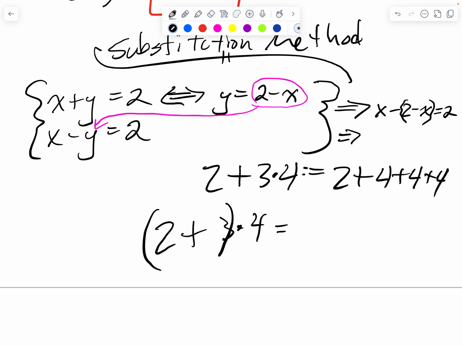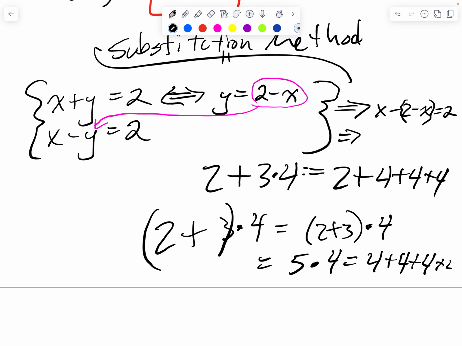Whereas this, what does times 4 mean? It means this many 4s, right? Well, let's see. 2 plus 3 is 5 4s. So this would be 1, 3, and another one, right?